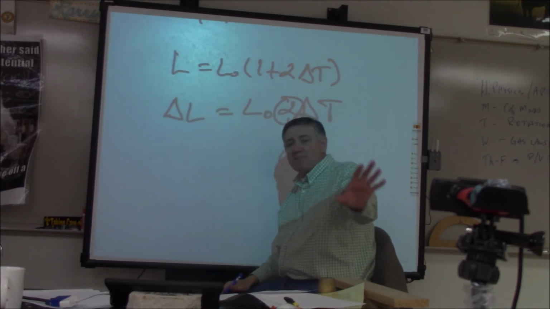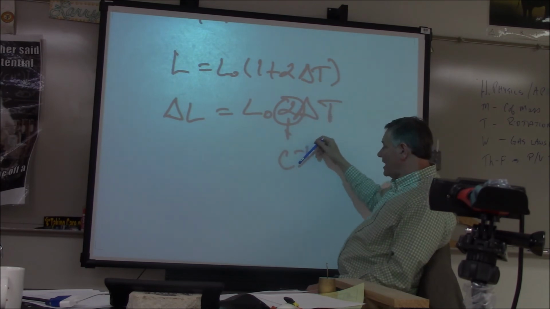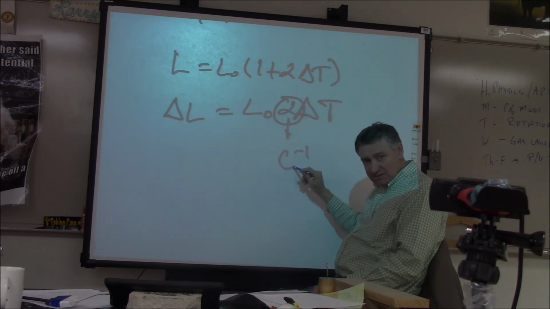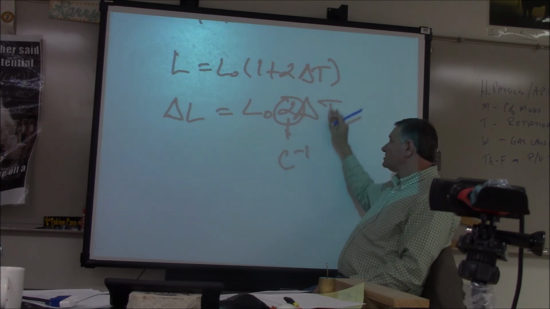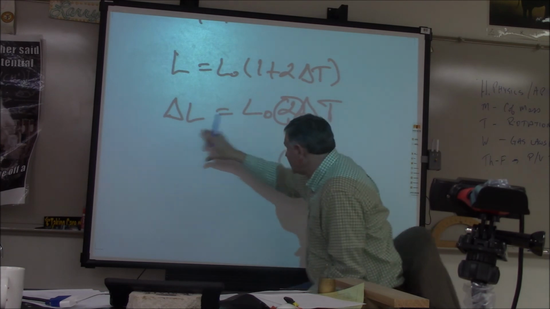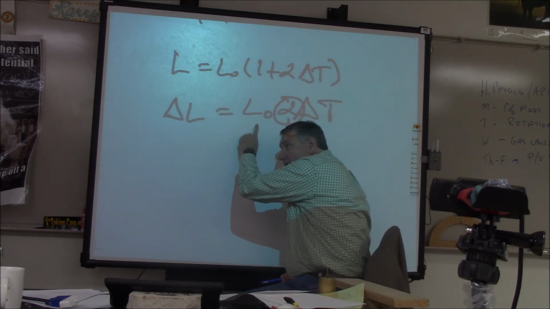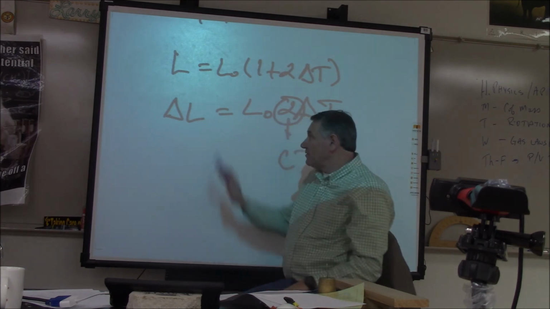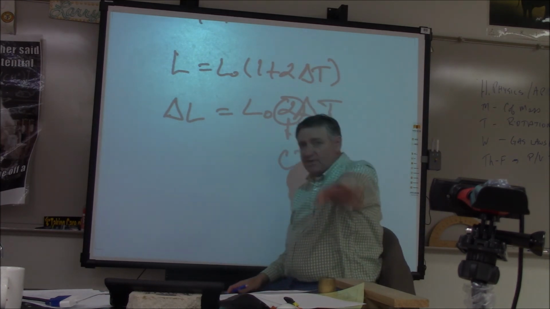Because you're going to have alpha, which is your Celsius to the -1, multiplied by the change in temperature, which is in Celsius. This has no units. So whatever length your L0 is in is whatever that new length is going to be. Okay? So that's the whole idea.